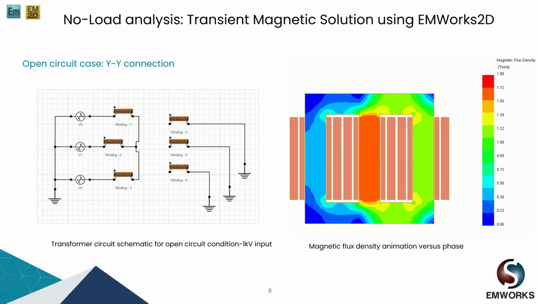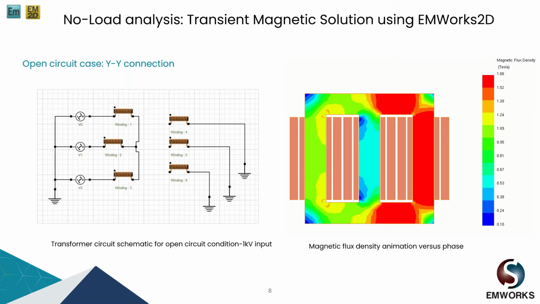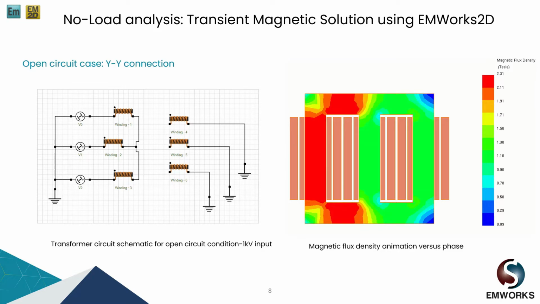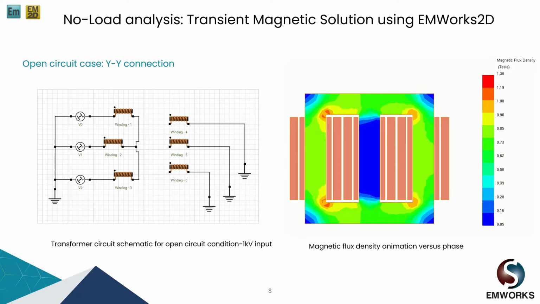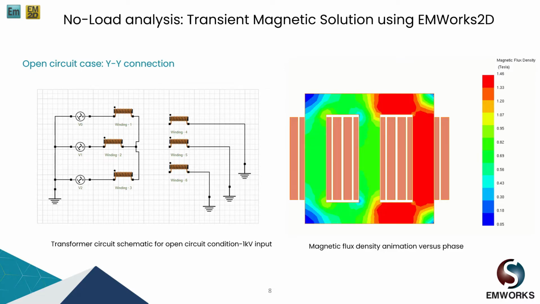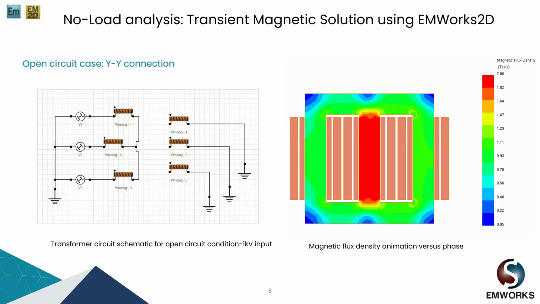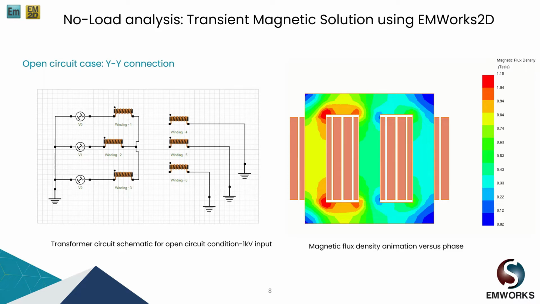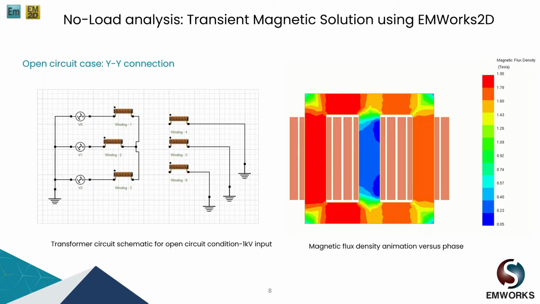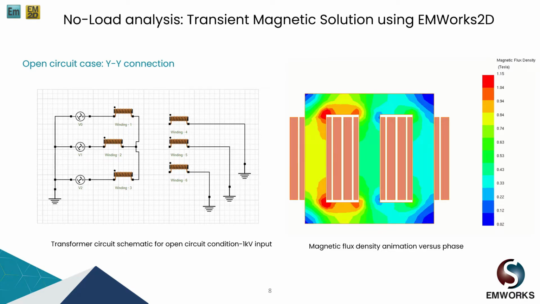At the primary side, we have three voltage sources and three windings. Then we have three windings at the secondary side, and they are not connected, so it's an open circuit here. The input voltage is 1 kilovolt, and the frequency, as mentioned previously, is 50 Hertz.